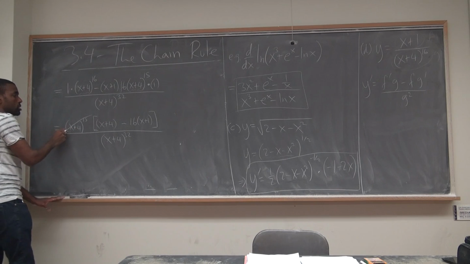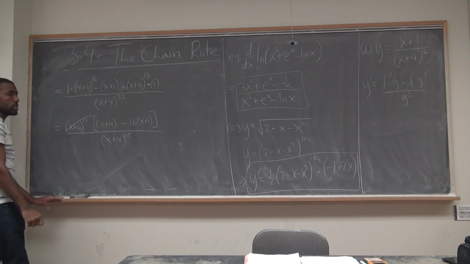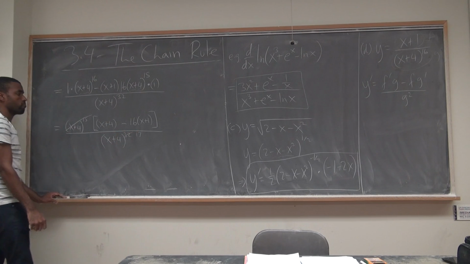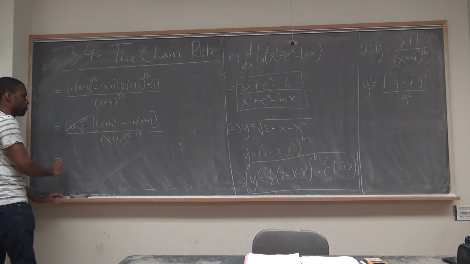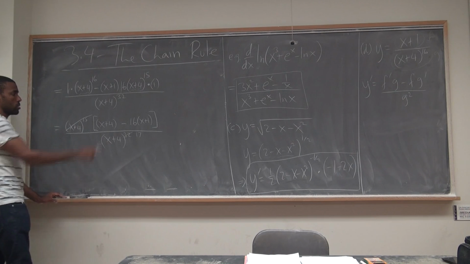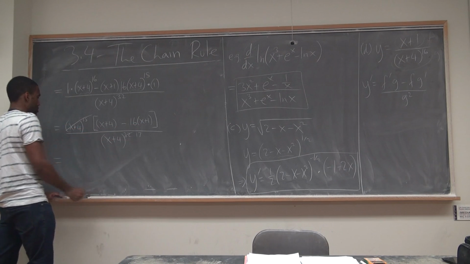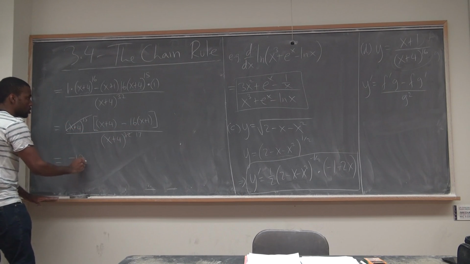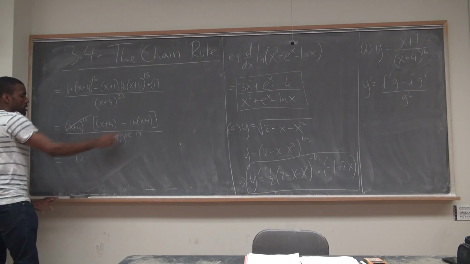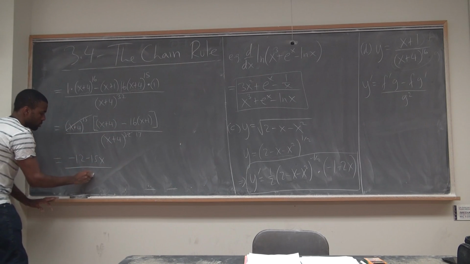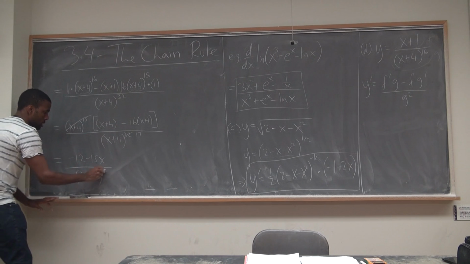In which case this will cancel into that 15 times. I'll be left with what, 17? Yeah. And so the inside here, I have 4 minus 16, that's minus 12, x minus 16x minus 15x over x plus 4 to the 17.